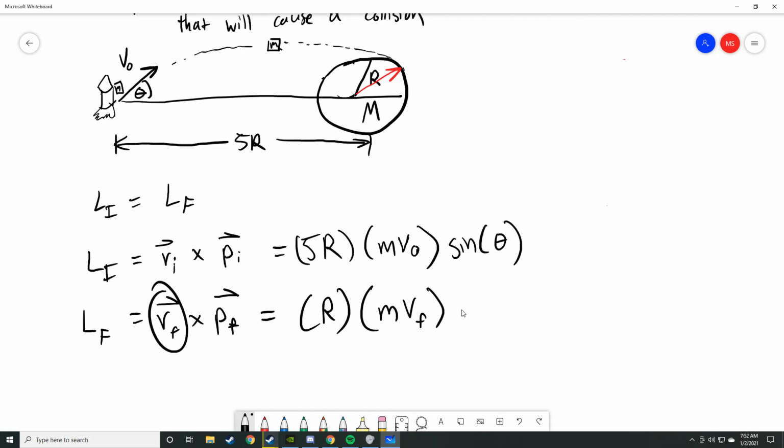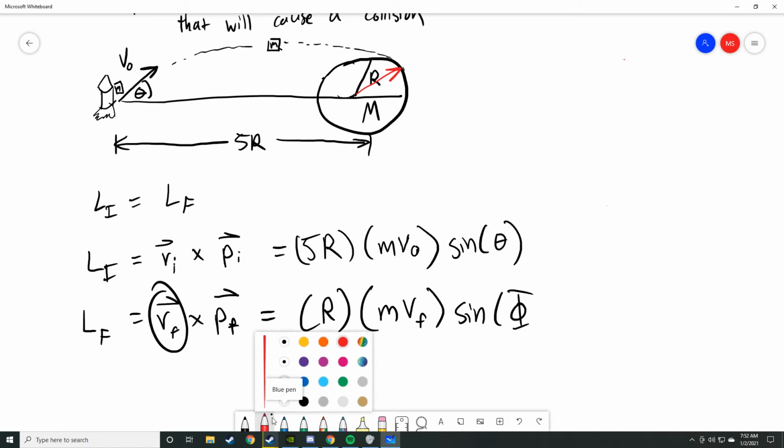And now, what is the sine of the angle between them? Here, I'm going to use phi, because we've already used theta. Notice what's going to happen. As it just grazes the circle, sphere, whatever you want to call it, as it just grazes the planet, we know that the momentum is going to be tangent to the circle, right?